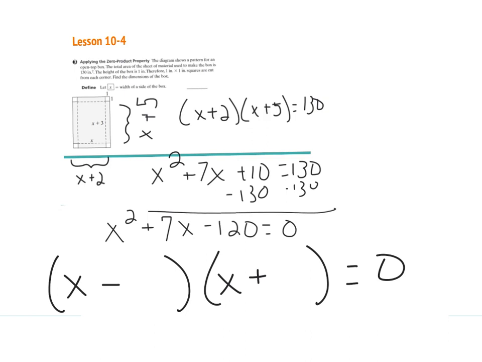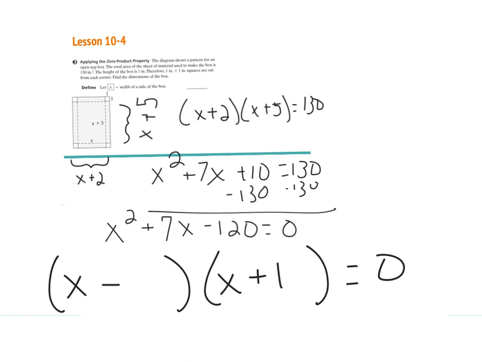How about 20 and 6? Still too far apart. How about 15? 15 and what gives me 120? 15 times 8. 15 times 8 does give me 120.